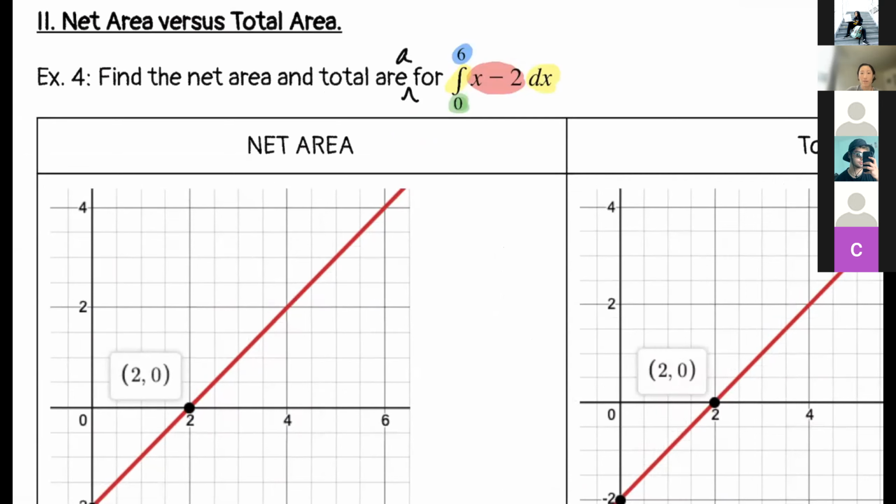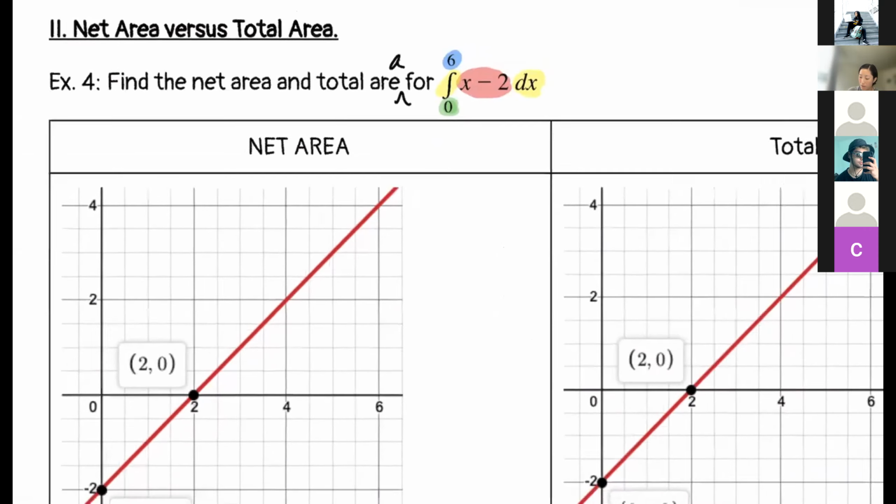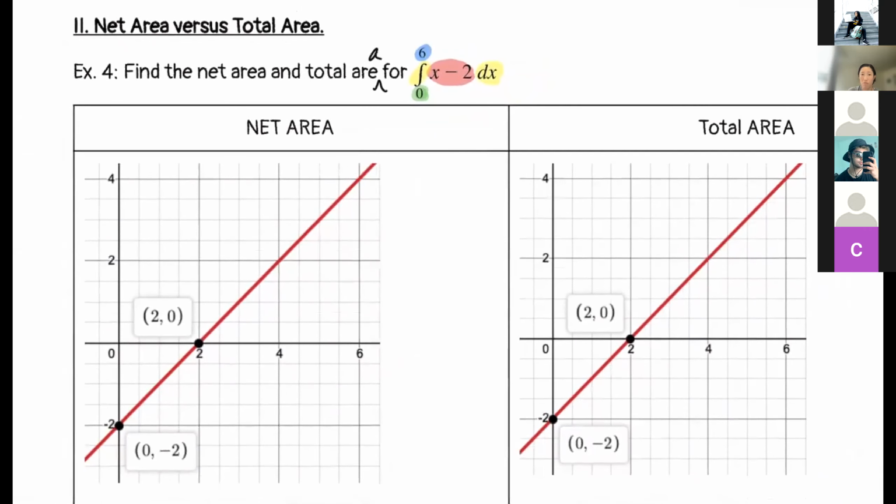But the net area is actually another example, very similar to what we did just now in terms of finding the shapes and using antiderivatives to find an exact area. We know we're going to start with this part at x equals 0.